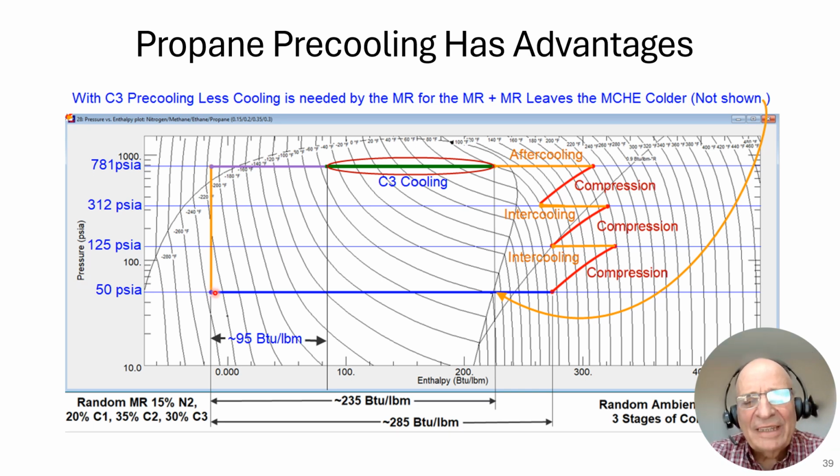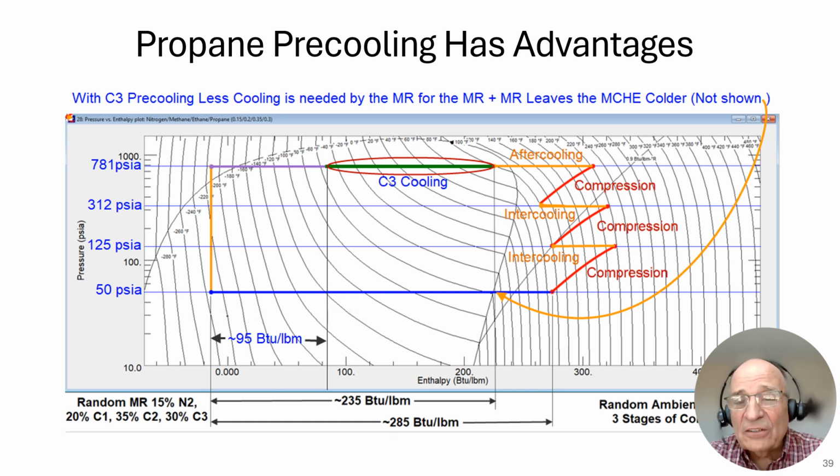And then you start giving up that refrigeration, or extracting heat, from two locations. You extract heat from your feed gas stream that is going to be made into LNG, and from your MR stream. And how much heat do you need to do your MR cooling? You need 95 BTU per pound. Why?